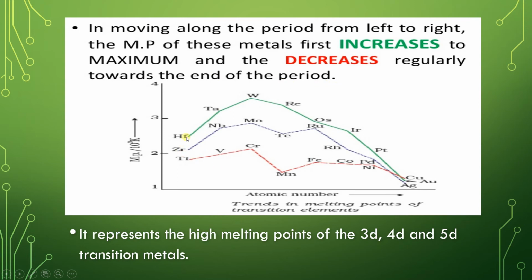So all three series increase, reach a maximum at the d5 configuration, and then start decreasing gradually with increasing atomic number, except manganese and technetium. So this represents the high melting points of the 3d, 4d and 5d transition metals.